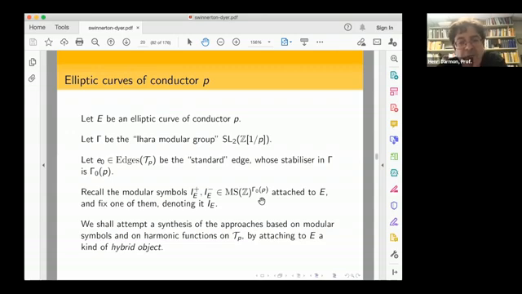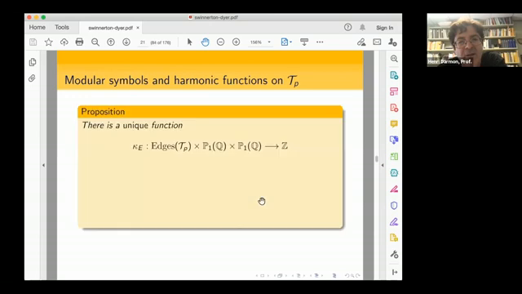Okay, so what I want to do now is attempt a kind of synthesis of these approaches based on modular symbols and harmonic functions on the Bruhat-Tits tree, and attach some kind of hybrid object to this elliptic curve. The synthesis is done in this very simple proposition, which asserts that there's a unique function defined on the product of the edges of the tree times the set of ordered pairs of points on P1 of Q, taking values in Z, which satisfies the following three conditions.